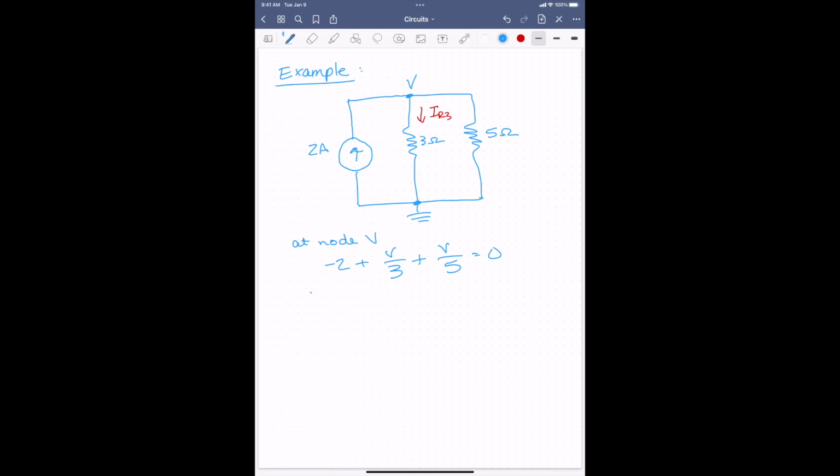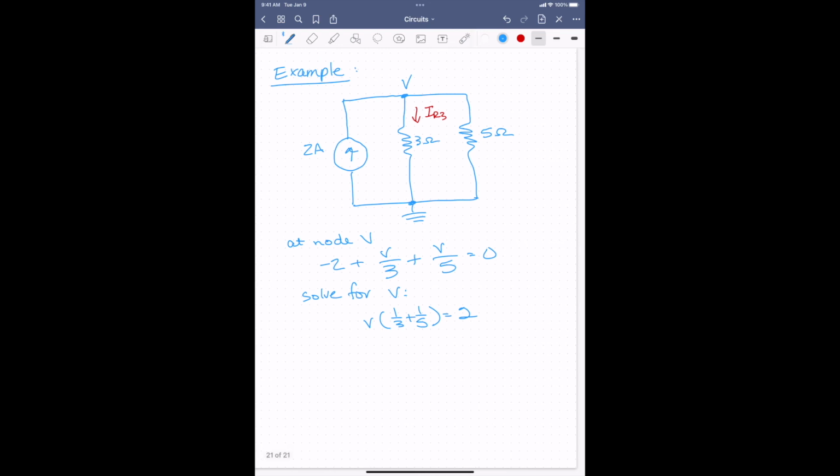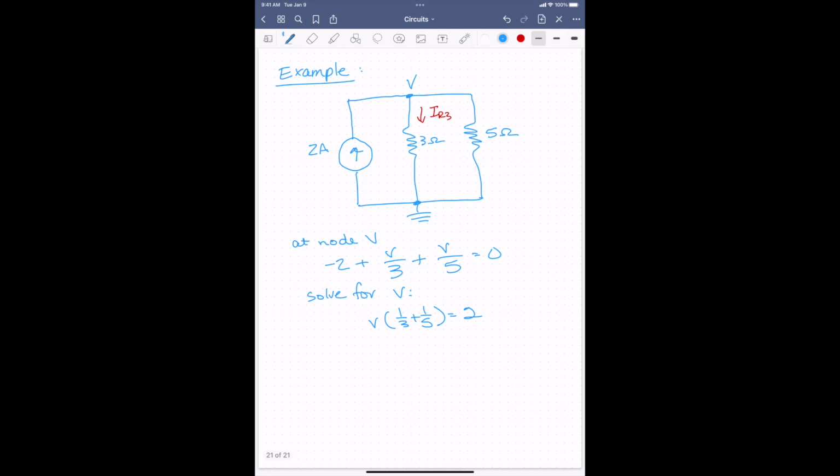Now we can solve for V, and we end up with V times 1/3 plus 1/5 is equal to 2. At this point, I like to keep everything as fractions. You can do what you want. If you want to put it in your calculator, keep as much precision as you can.